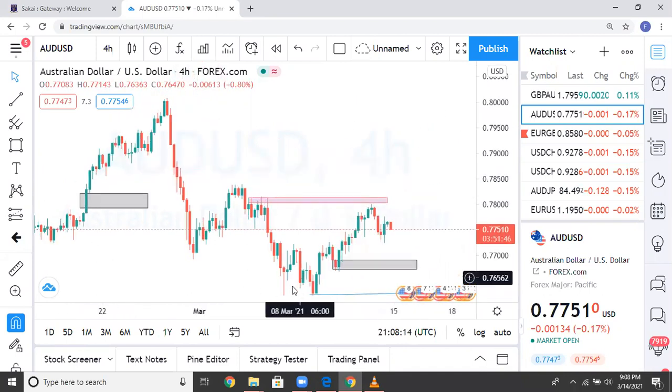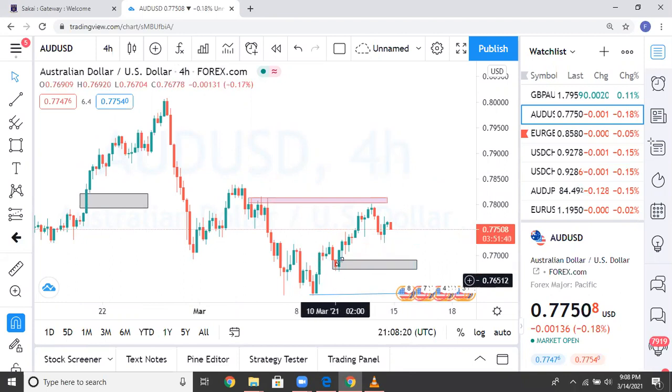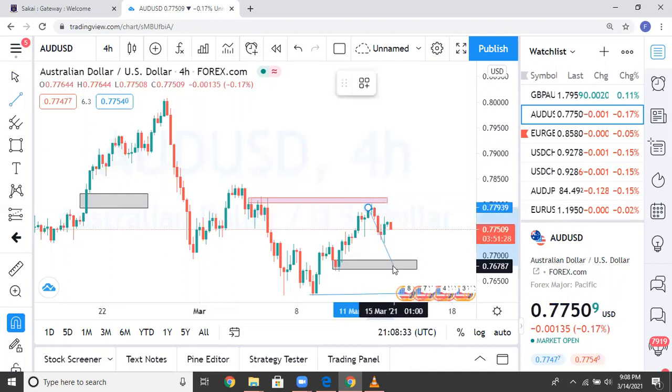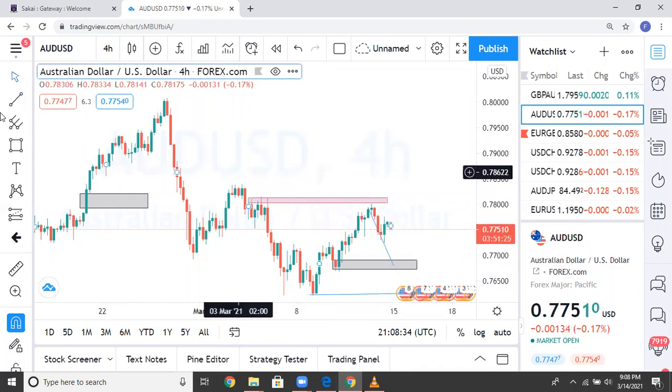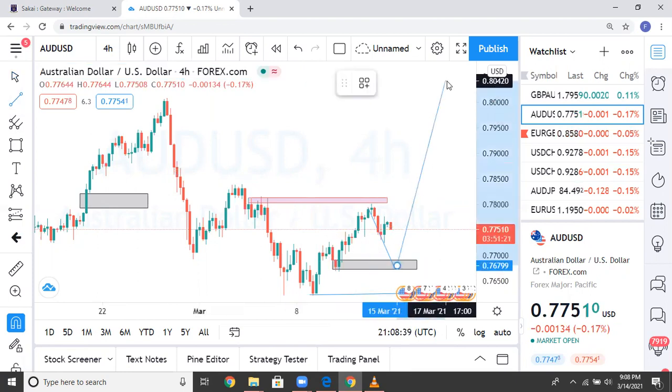And here too, the market was in an upward trend, and there was a selling candle at this zone. So the market has to retrace from here to here before it can go up again.